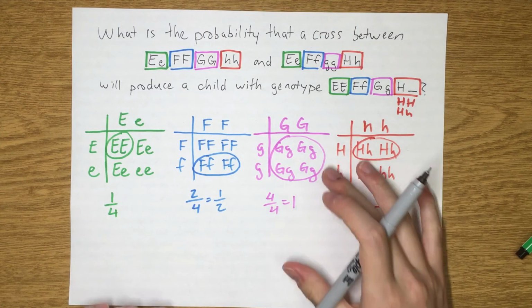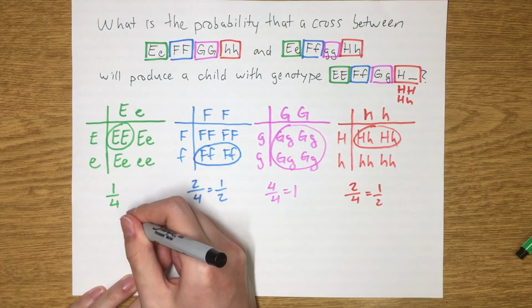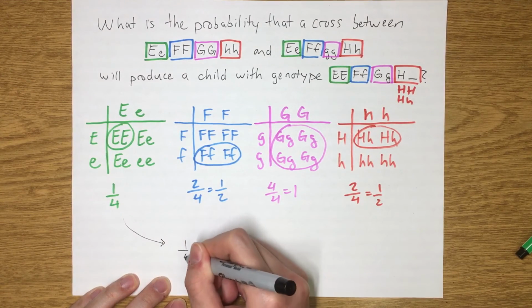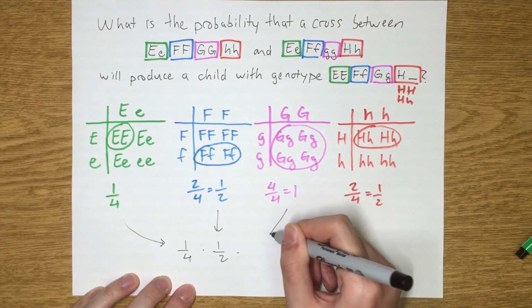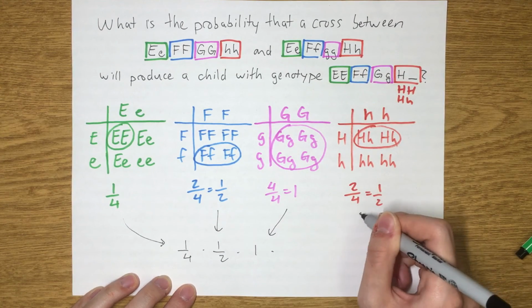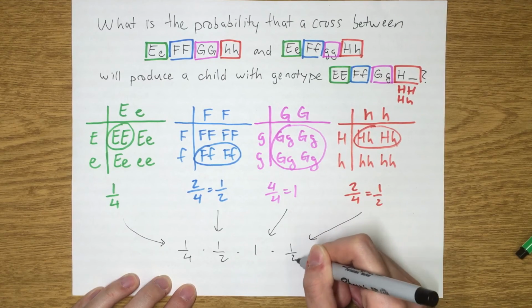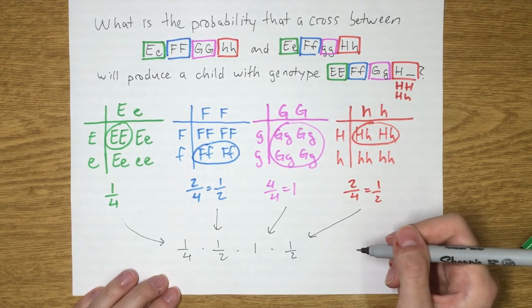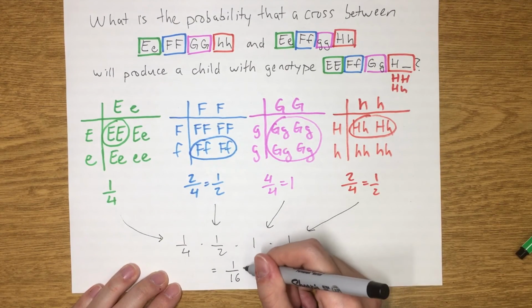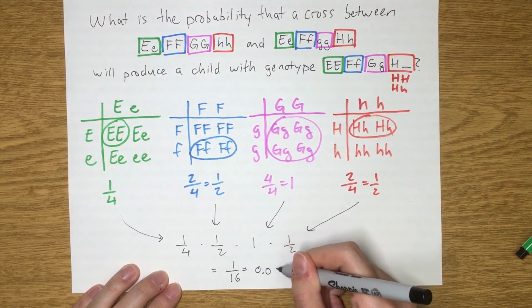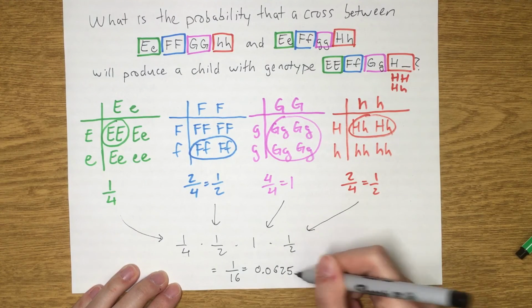So if we want to do that, we multiply 1/4 by 1/2 by 1 by 1/2, and we'll get 1 out of 16. And if you have your calculator with you, that would be 0.0625.